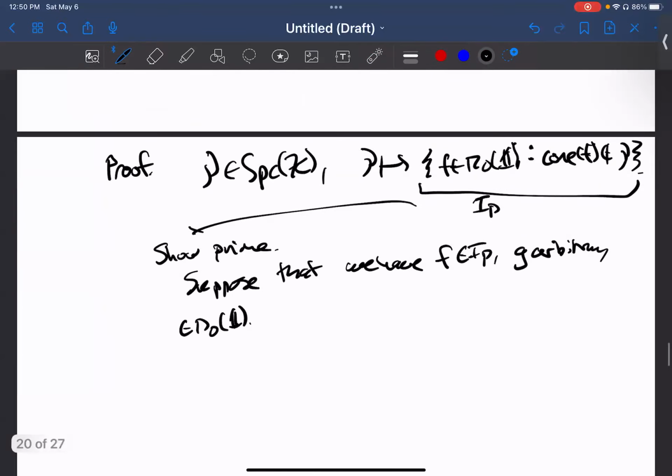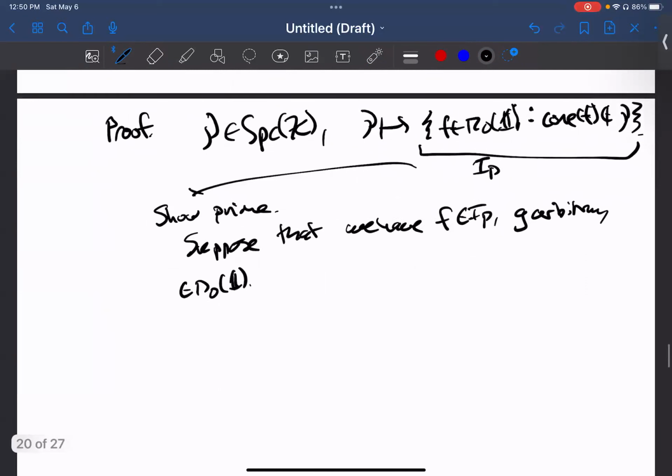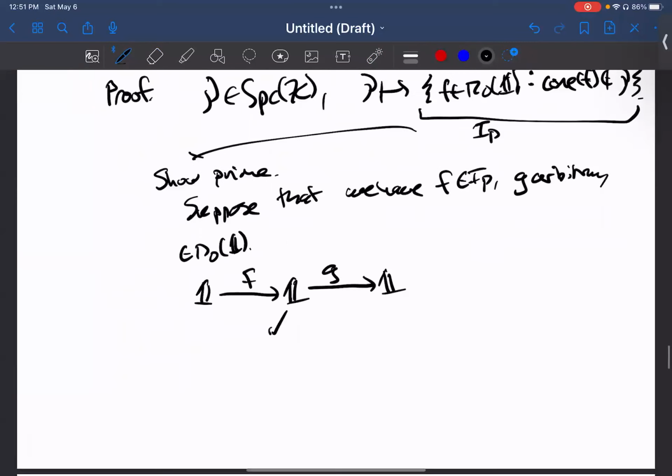Then we can take 1 mapping to itself by f. Then we can map over here by g. We can go ahead and take cones. So here's going to be the cone of f.